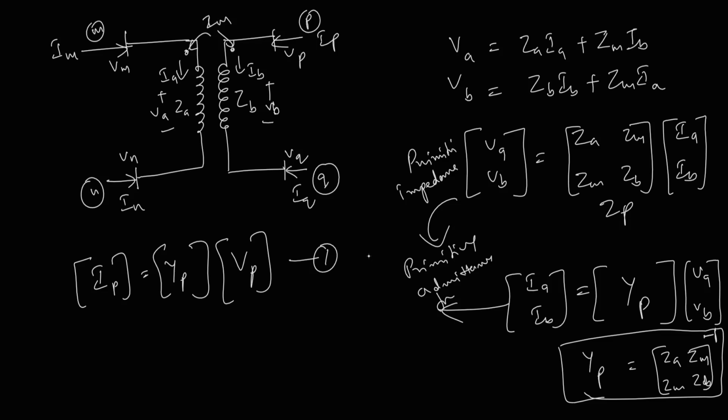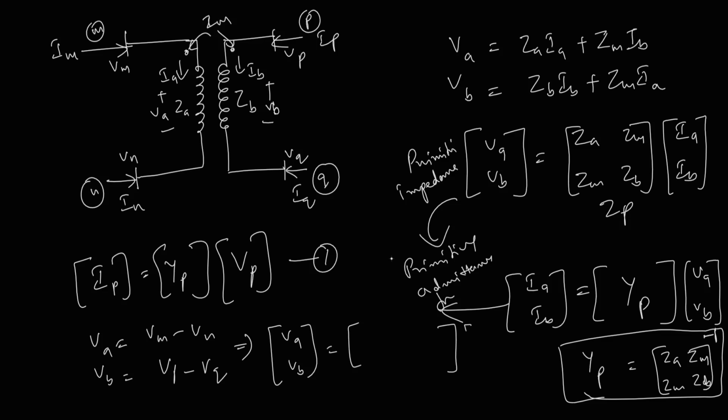Voltage relation, let me do this one because it is mutually coupled. So I want voltages VA. What is VA? VA is VM minus VN, and VB is VP minus VQ. Now if I transform them into matrix form, VA VB, so nodal voltages are VM, VN, VP, VQ.